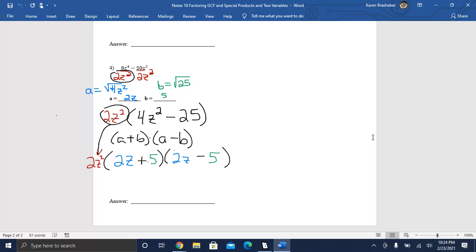So my final answer, 2z squared, and then 2z plus 5, and 2z minus 5. So you're going to have a variety of problems where they might have common factors, where they might have two variables, or where they might come out as a parentheses squared.